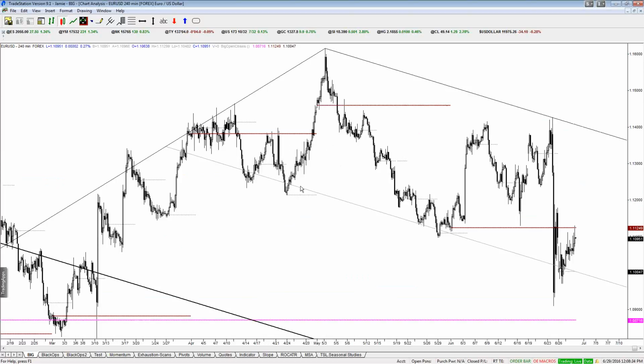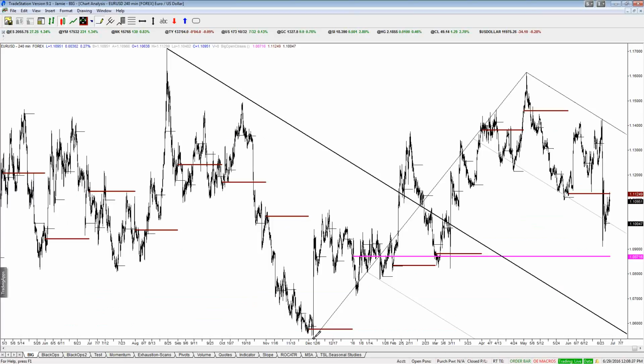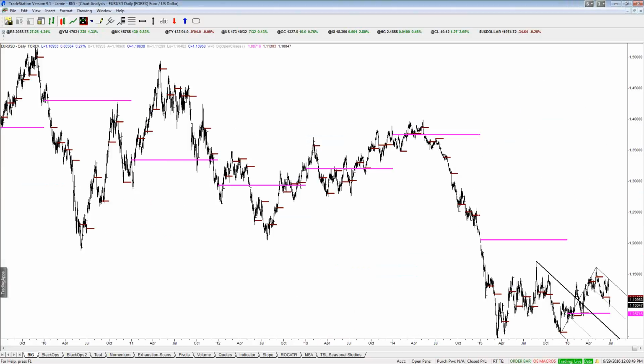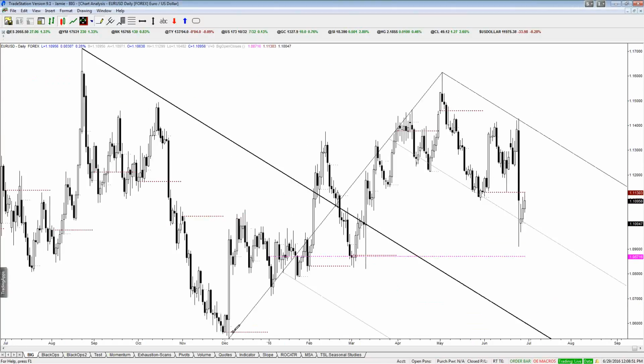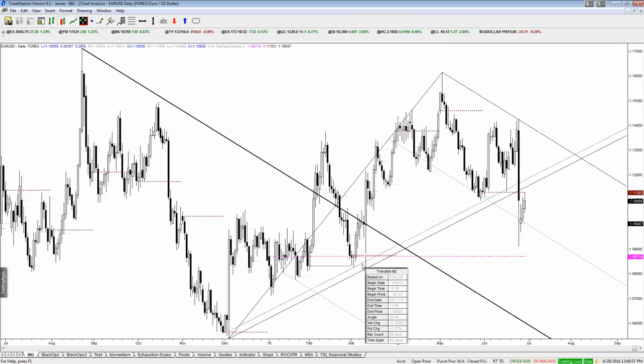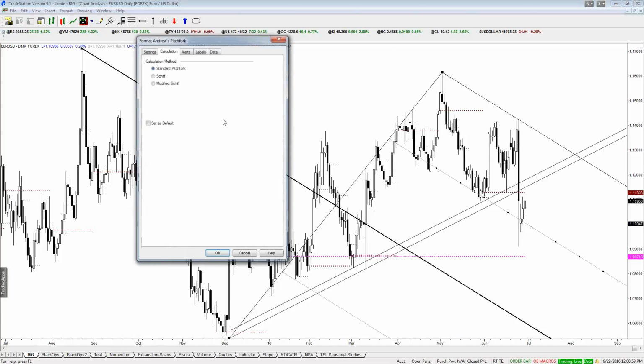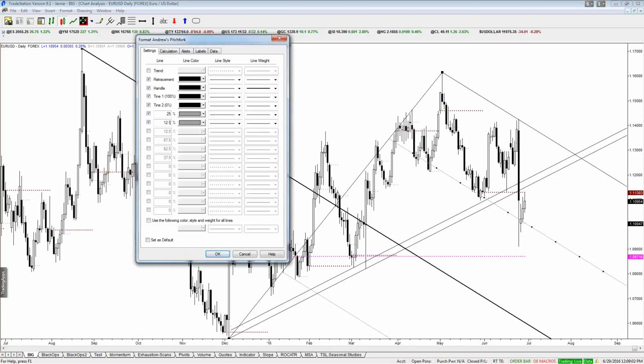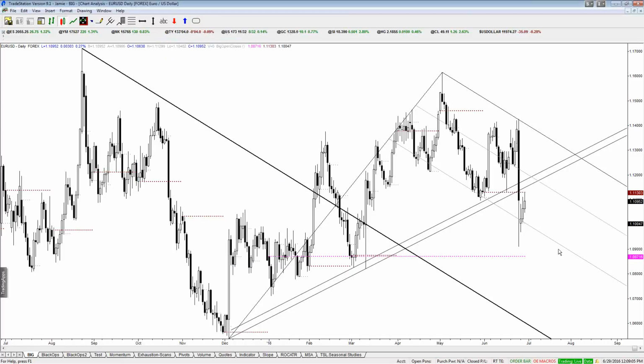Go to a daily. It's annoying as hell. So right here, looking at basically wanting to be short into resistance, which is always a good idea.